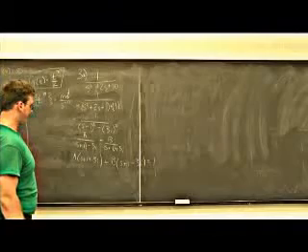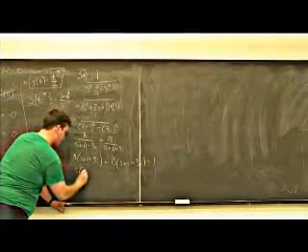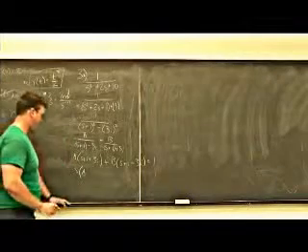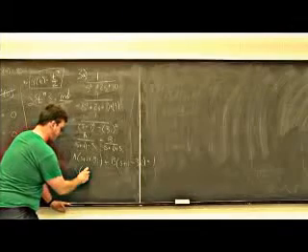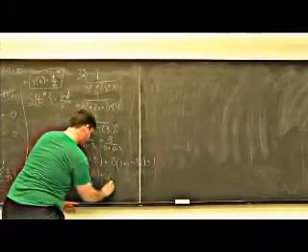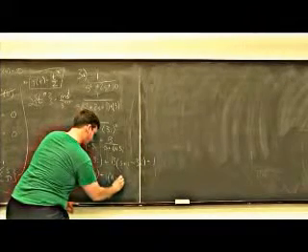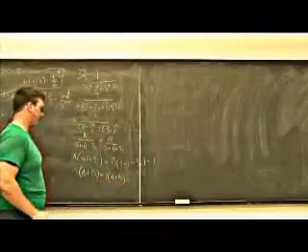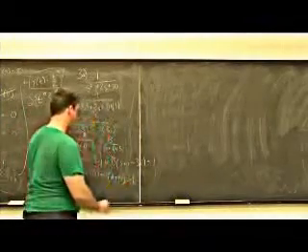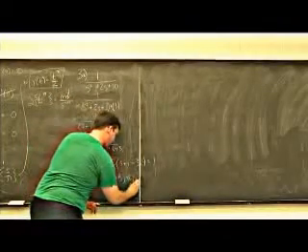So then we get s times a plus b plus 1 times a plus b, and then we have i times 3i a minus b.